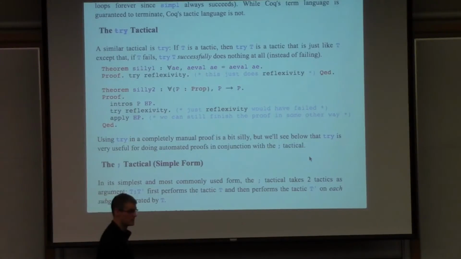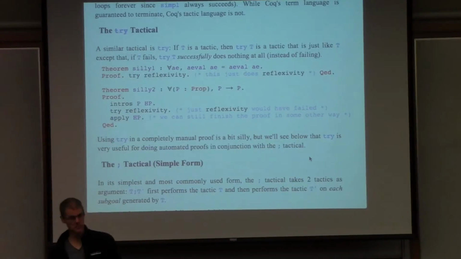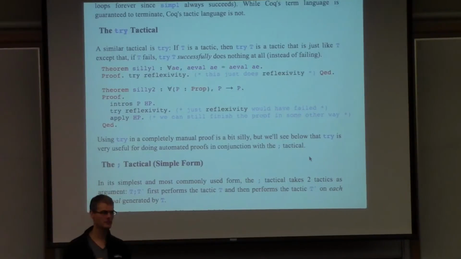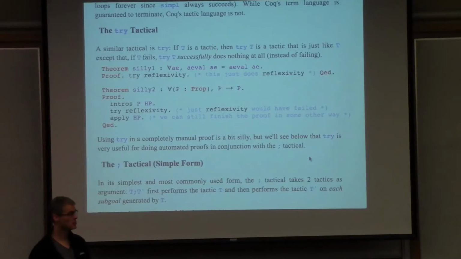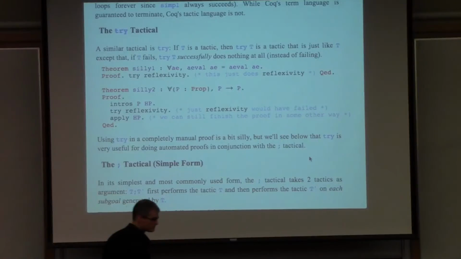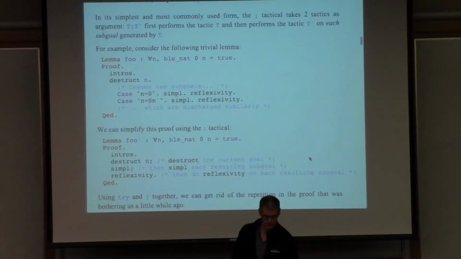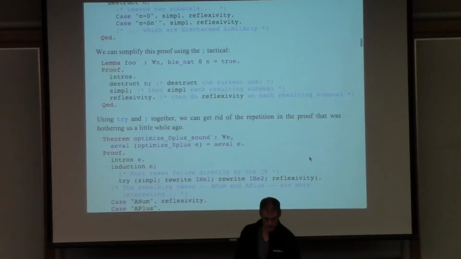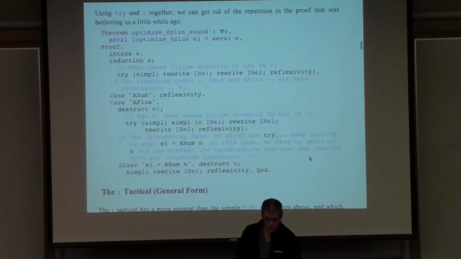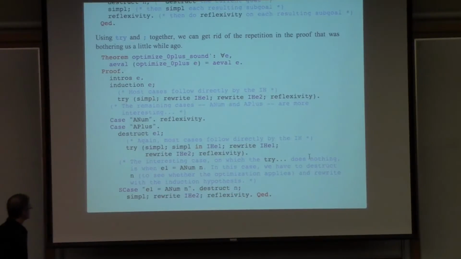That's semicolon. So T1 semicolon T2 does T1, and then as long as T1 doesn't fail, it's okay if it does nothing, but if it doesn't fail, it goes on and does T2. So the way we would achieve this effect is try T1 semicolon try T2, etc. Okay, so using try and semicolon, we can crunch down this previous proof.